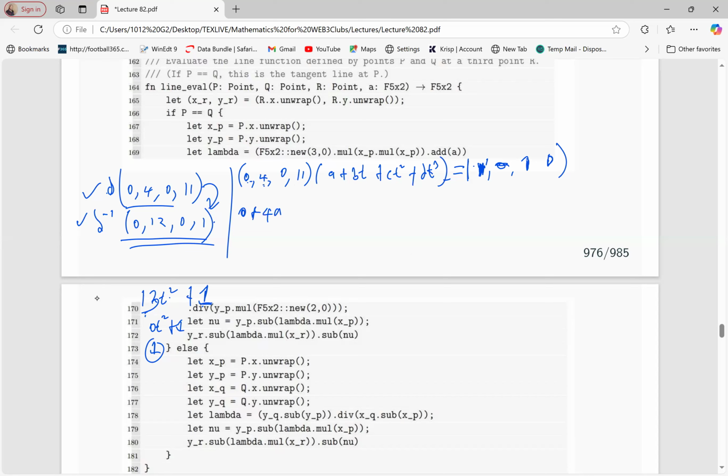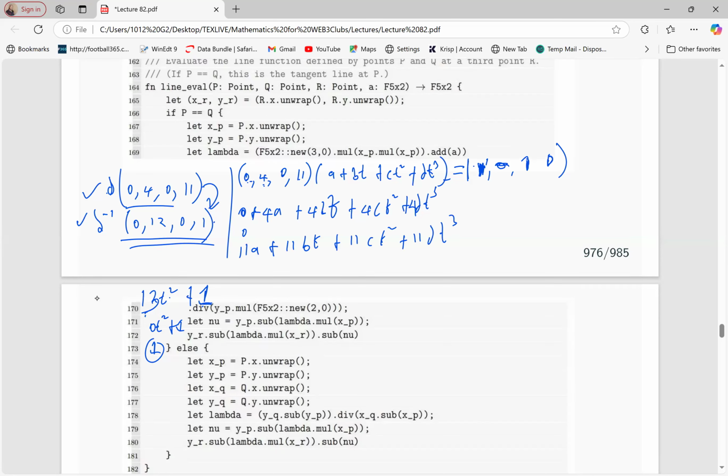Then I would have 4bt, then 4ct squared, then 4dt cubed. Then let me multiply by this 0. Again, if I multiply by this 0, I get 0. Let me multiply by 11. I would have 11a plus 11bt plus 11ct squared plus 11dt cubed.